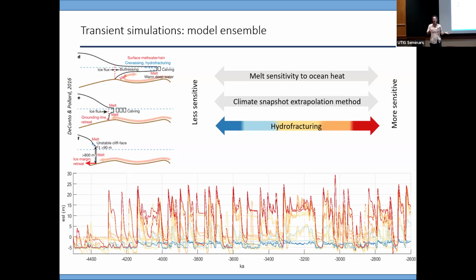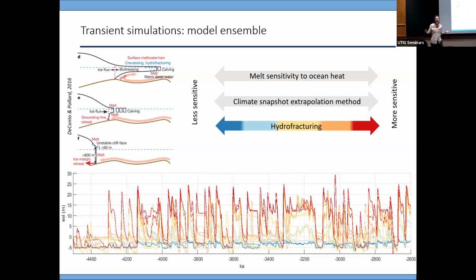If you have abundant surface meltwater or liquid meltwater, either through surface melt or rain, it can pool into crevasses on the surface of the ice and basically propagate that crevasse through the ice shelf, break up the ice shelf. And then you're left with this sheer cliff face that then fails structurally under its own weight and can lead to large-scale grounding line retreat.